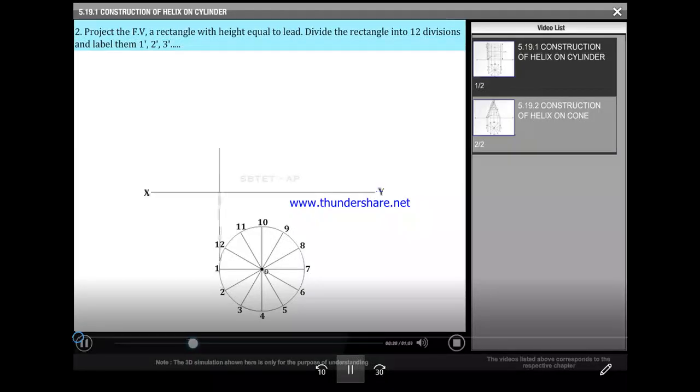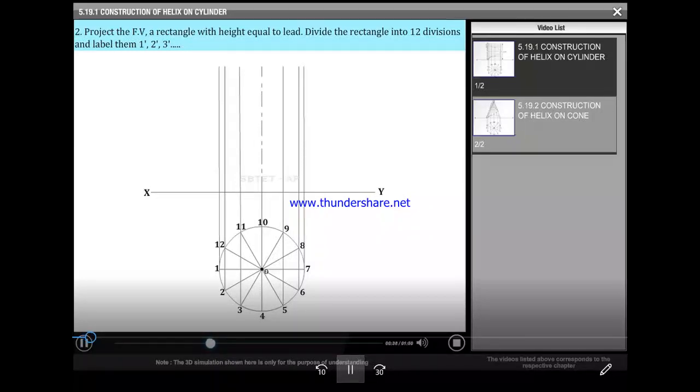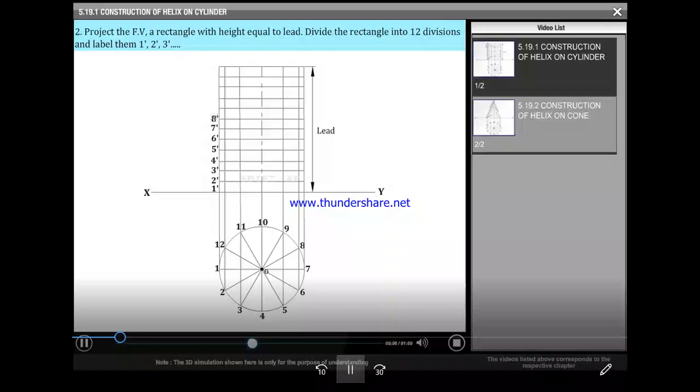Divide the rectangle into 12 divisions and label them 1 dash, 2 dash, 3 dash, etc. The points of intersection of lines with corresponding numbers lie on the helix. Mark the starting point P1.